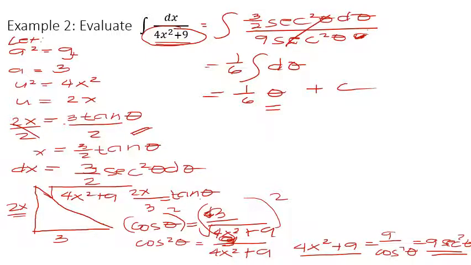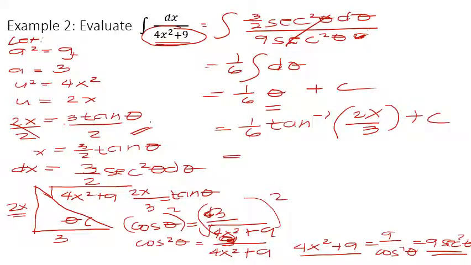So, to get theta, maybe we can rely on the tangent theta that is given. You can also do it in terms of cosine, but just rely on the tangent. It depends on you. You still get the same answer. So, 1 over 6, to get theta from tangent, that's arctan of 2x over 3, plus c.